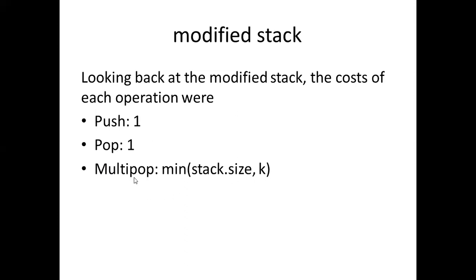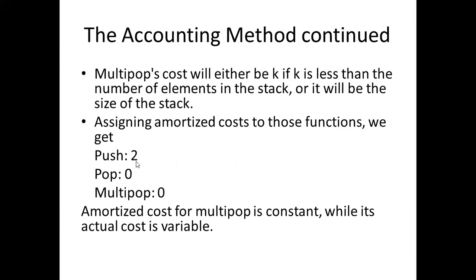That means in multi-pop, we are taking the minimum of stack size and k. Which one is the minimum, we will consider. So these are the costs of various operations. Now multi-pop's cost will either be k, if k is less than the number of elements in the stack, or it will be the size of the stack.